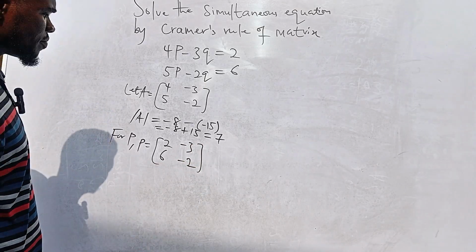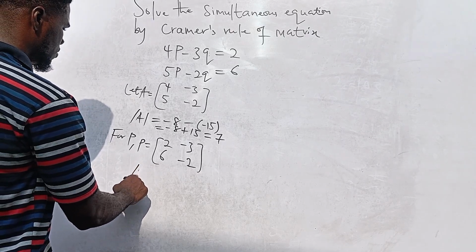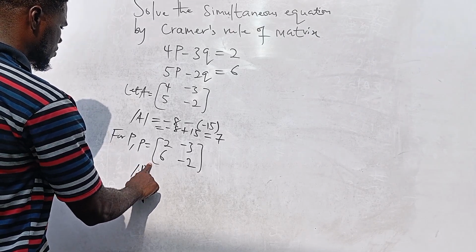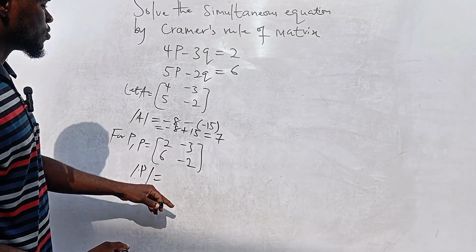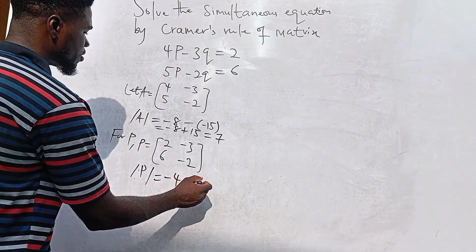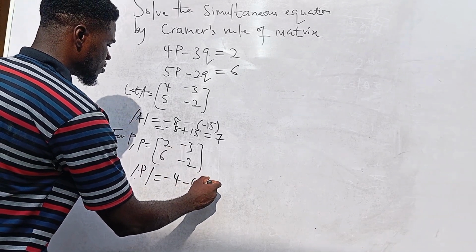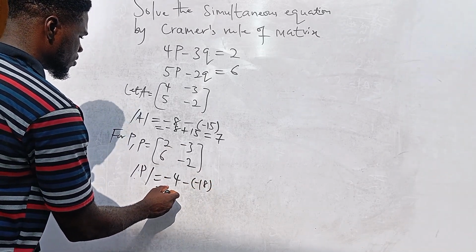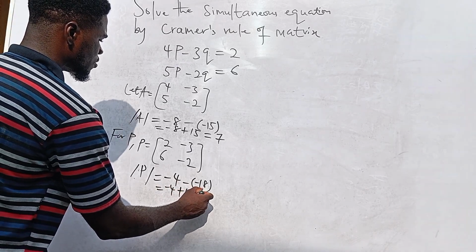You find the determinant of P as well. So determinant of P is equal to 2 times minus 2 is minus 4, minus 6 times minus 3 is minus 18. So you're going to have it as minus 4, minus times minus is plus 18.